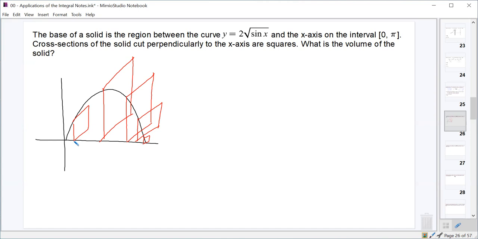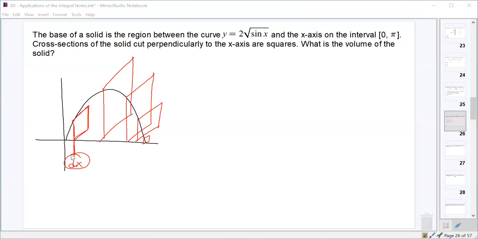We're thinking that we're slicing this thing into an infinite number of little squares along here that have an infinitesimally small thickness in the x direction. So each of these has a thickness of dx. We're going to find the area of the face of one of these, the area of the square itself, multiply it by its thickness, in this case dx, and then we're going to integrate across the entire region.